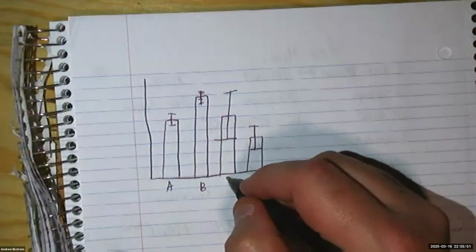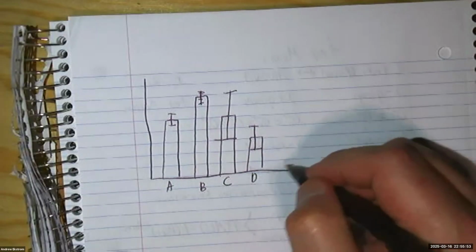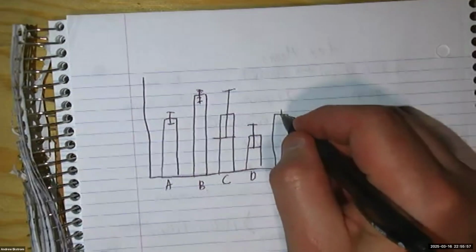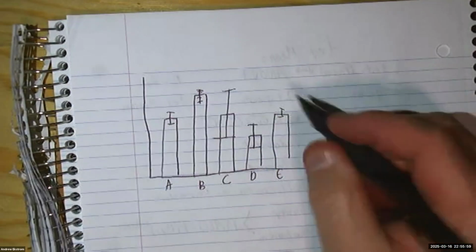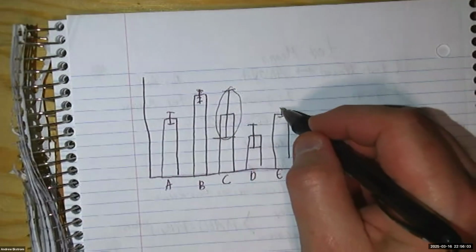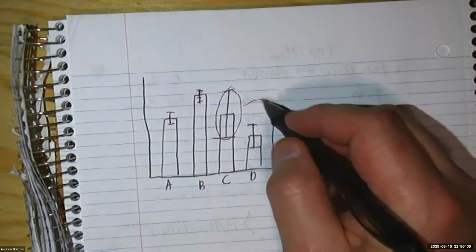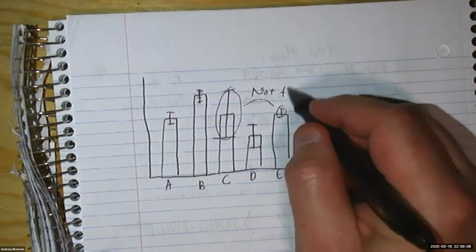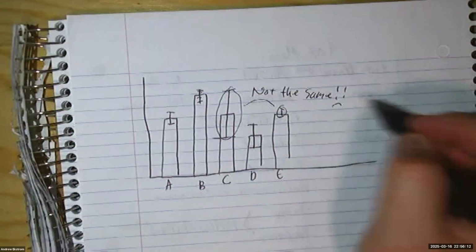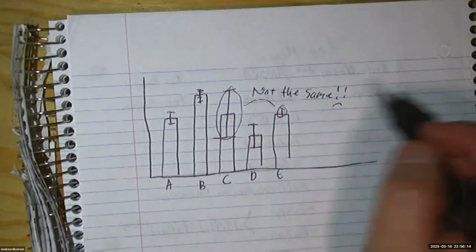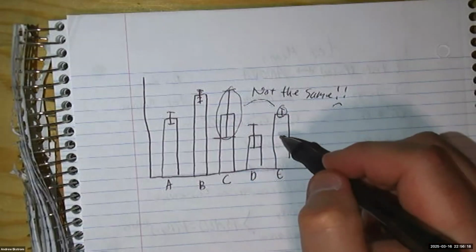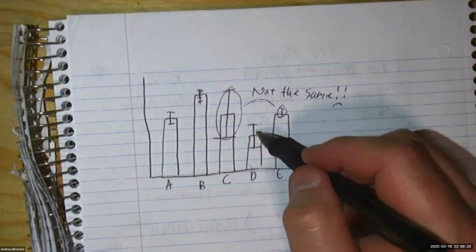If you look at the error here versus the error here, they're not the same. So for data like this, you really should be using some of these non-parametric methods.